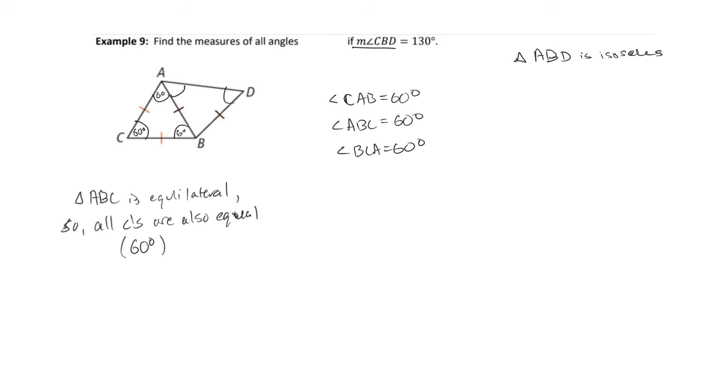Well, we are given one angle. CBD is 130. So CBD, this whole piece, is 130 degrees. So we can find out what ABD is. Angle ABD is equal to 130 degrees minus the 60 degrees from the other part of that full angle. So ABD is equal to 70 degrees.